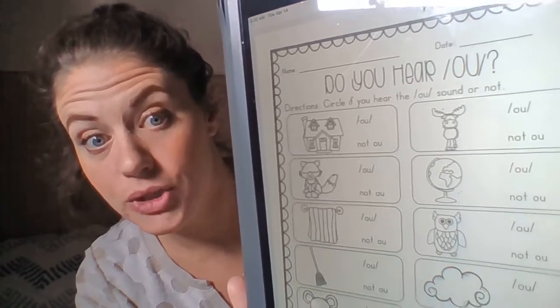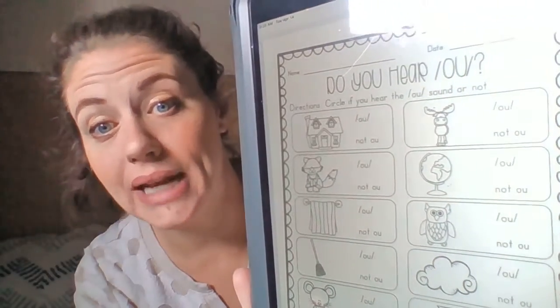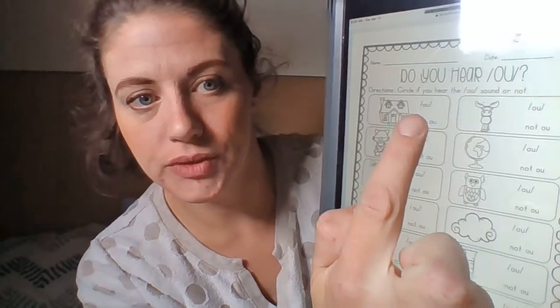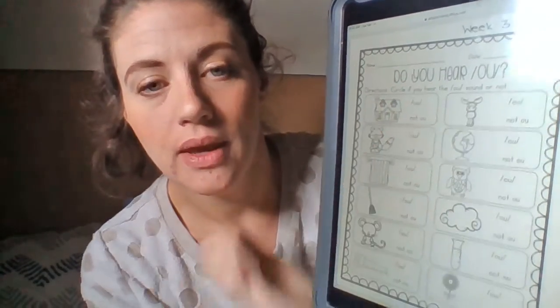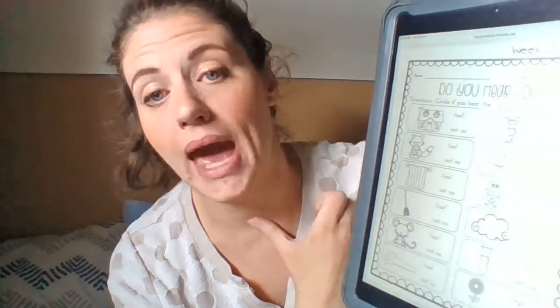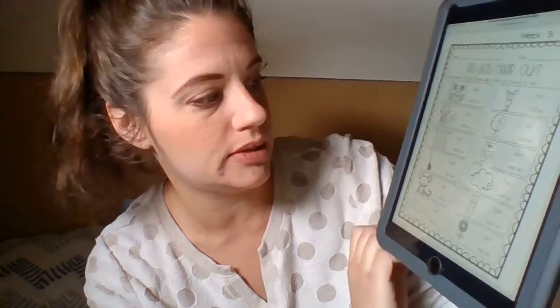If you hear the ow sound in house, circle the OU right there. If you don't hear the OU sound, the ow sound, then you circle "not OU." Go through all of the pictures.